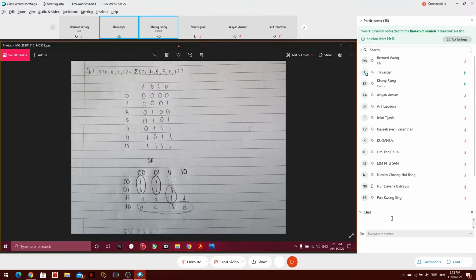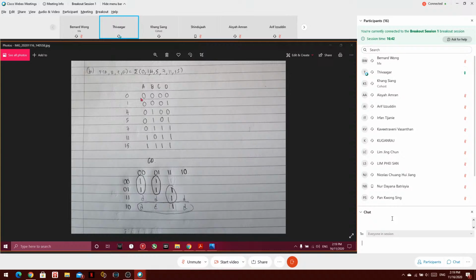The question states that F(A,B,C,D) equals summation of 0, 1, 4, 5, 7, and 15. We basically need to convert them into a binary representation of 4 bits because there are 4 variables.